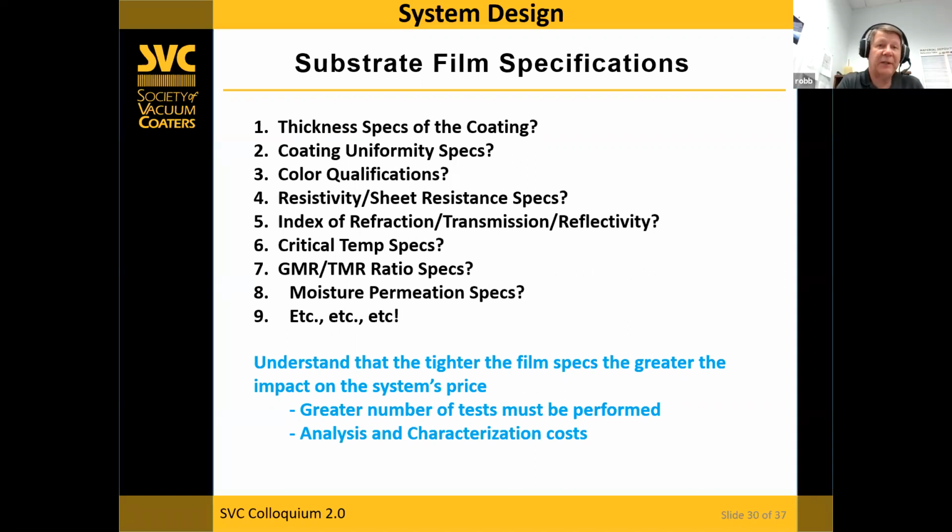Yeah, and I'm going to wonder why you put a GMR, TMR spec in your film if when it gets to your facility, you have no way of measuring it. And I'm going to say, hey, was it really that important if you can't measure it? I mean, you have to put a little bit of thought behind what specs you're going to require the manufacturer or the system vendor to meet to qualify the piece of equipment that you're buying.